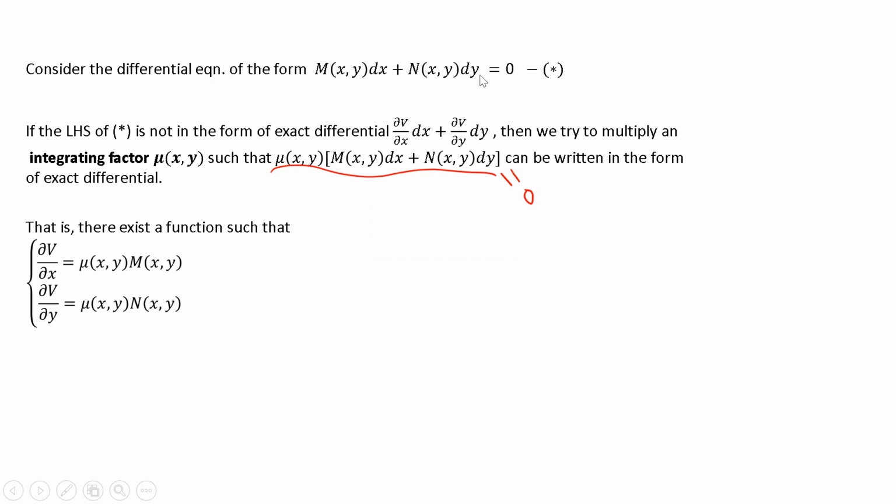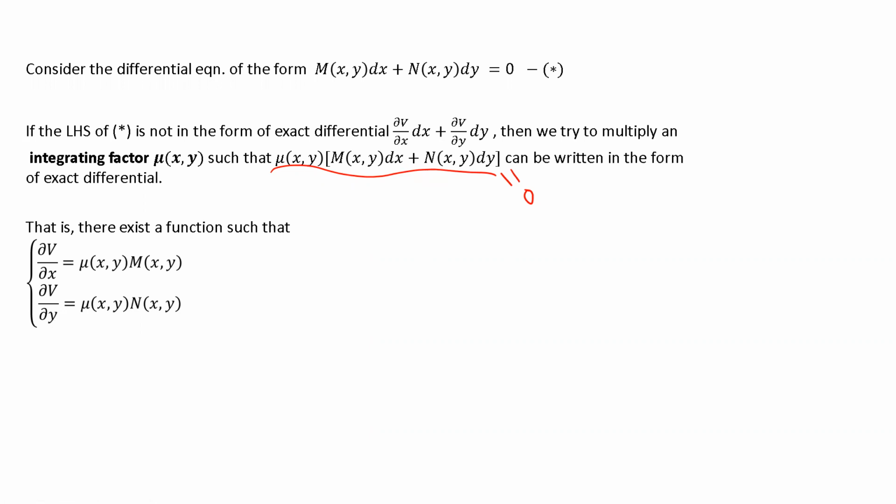As I said, we want to carefully multiply by this integrating factor such that mu M can be written as partial v partial x, and mu N can be written as partial v partial y. This is our hope.